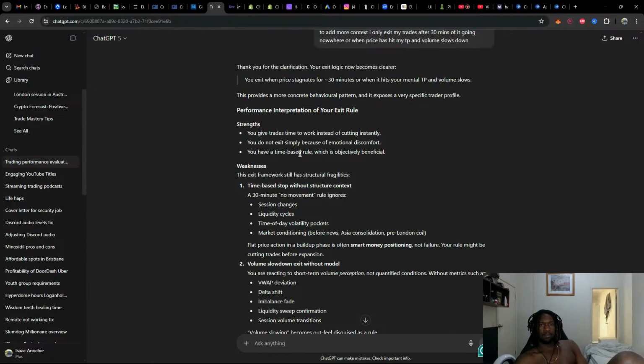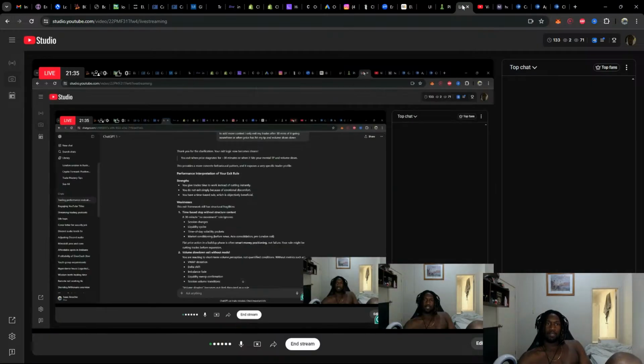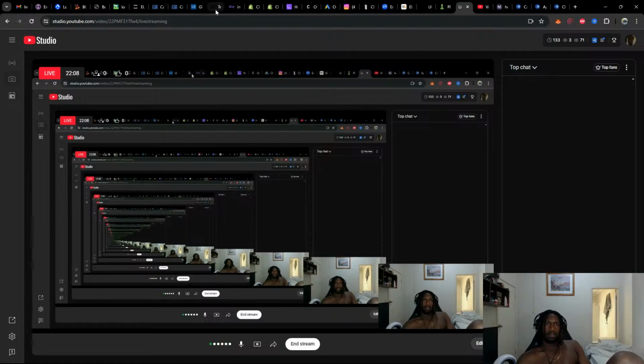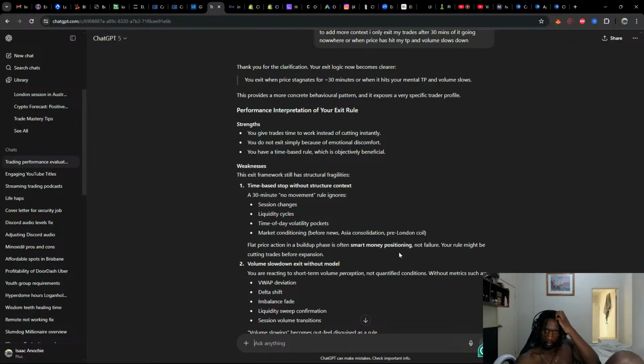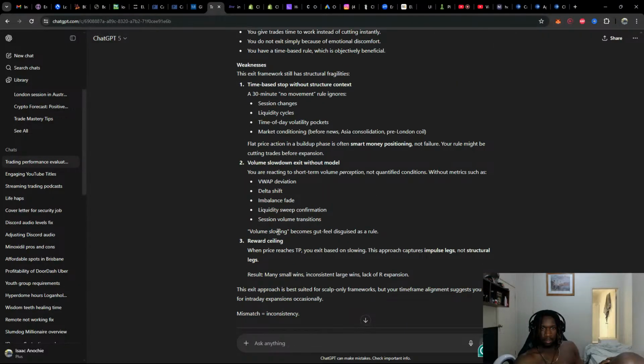Exit simplification. Flat price. Actually, I want to see if you guys can see this. Volume slowdown exit without model. Reward ceiling. When price reaches TP, exit as volume slows.